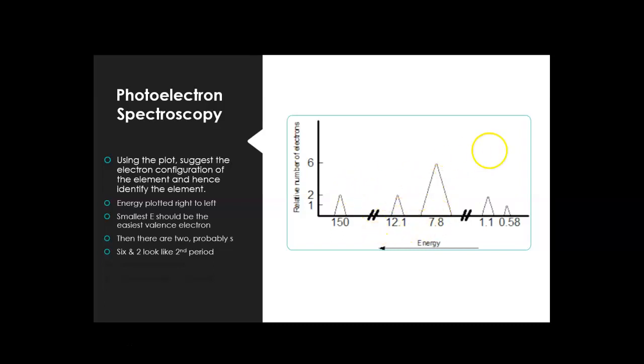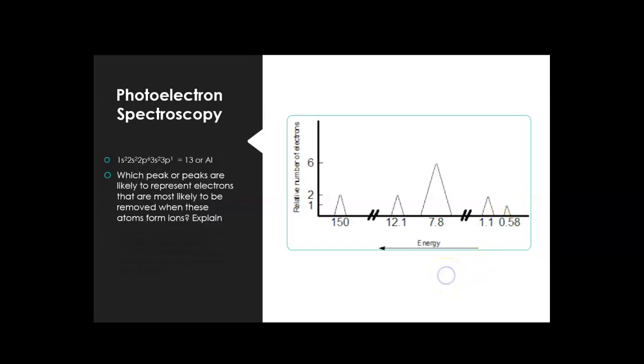And it looks like these here at 12.1 are the s electrons in that inner shell, which is the second energy level. And then you've got 2 electrons here that are really hard to get off. That's almost certainly the 1s electrons. Now, if we count these up, 2 plus 2 plus 6 plus 2 plus 1, we get 13 electrons. This has to be aluminum, which has an atomic number of 13.